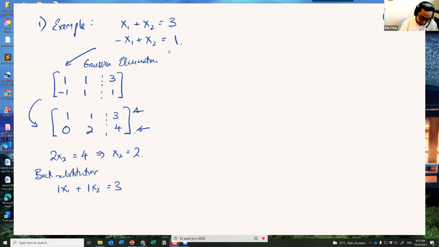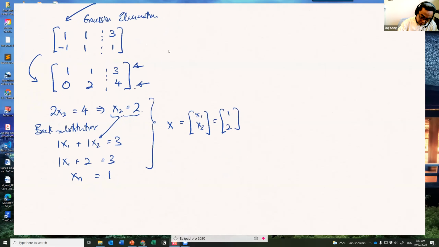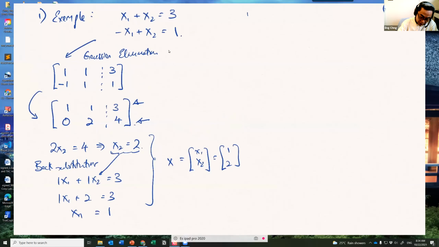And since we already know what x2 is, then it is 1x1 plus 2 equals 3. x1 equals 1. And then we have the answer, which is x equals x1, x2, which is equal to 1 and 2. So this is very, very easy to do. And we expect you to do this.